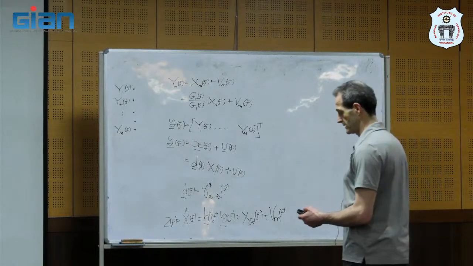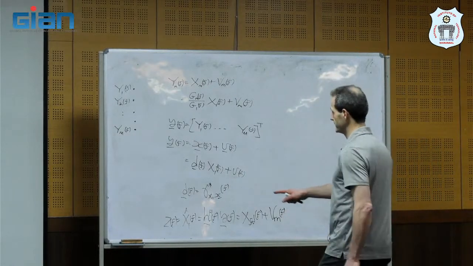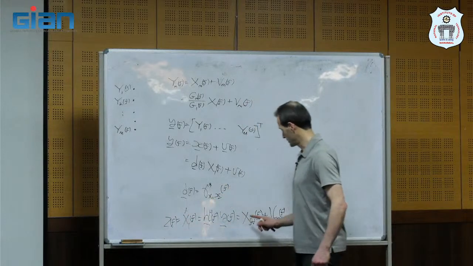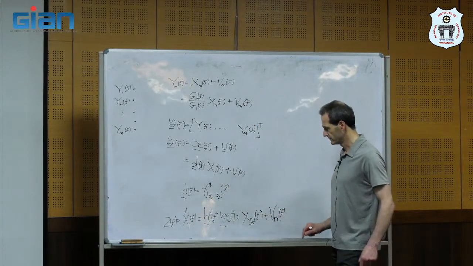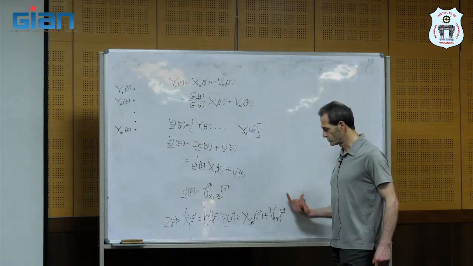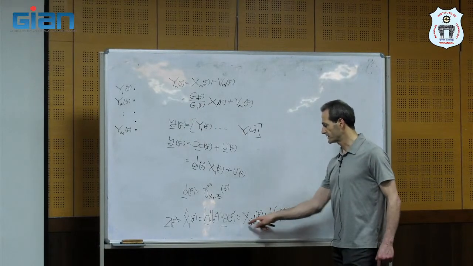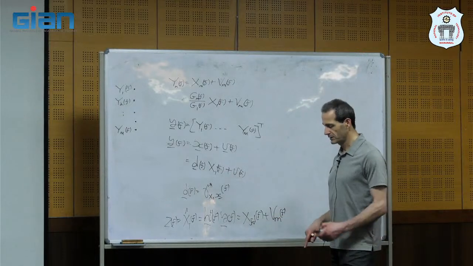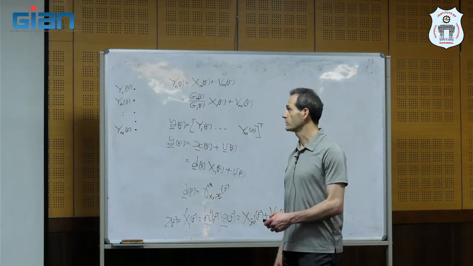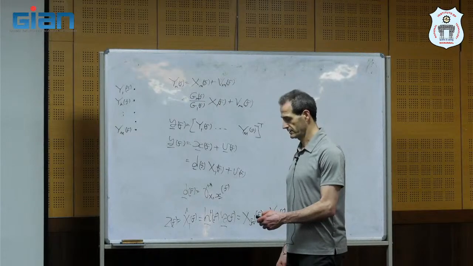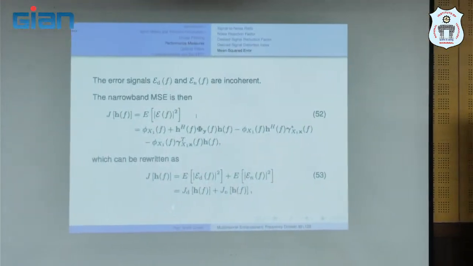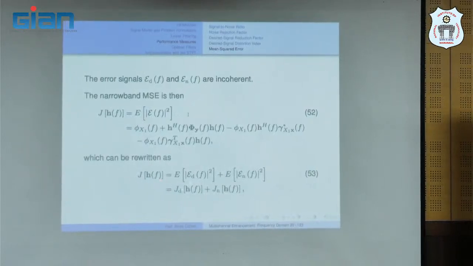And then we can define also the mean squared error, narrowband and broadband, which is the mean squared error between the total estimate and X1. So of course, it includes two parts. One is the mean squared error because of the distortion, and one is the mean squared error because of the residual noise, like this.